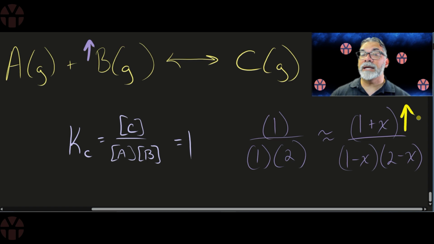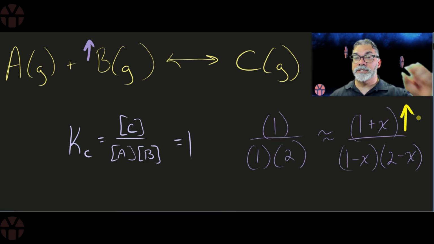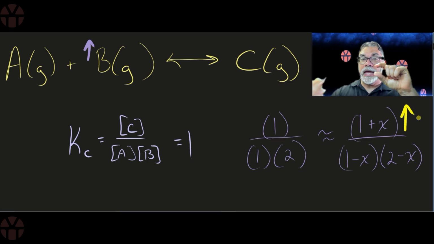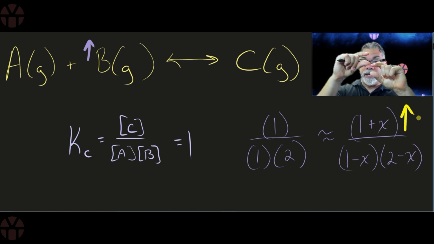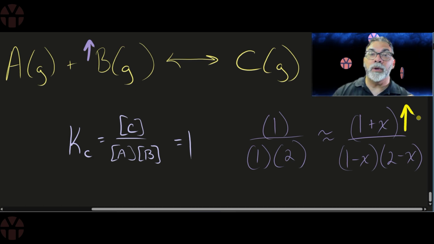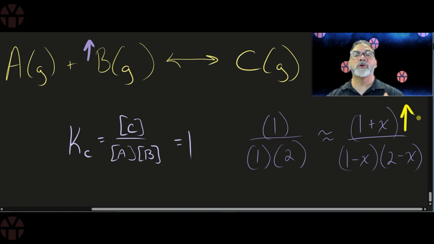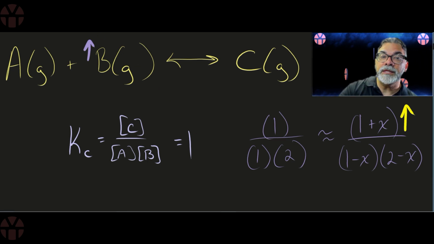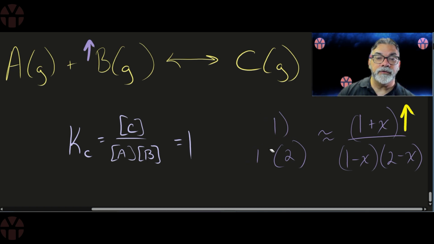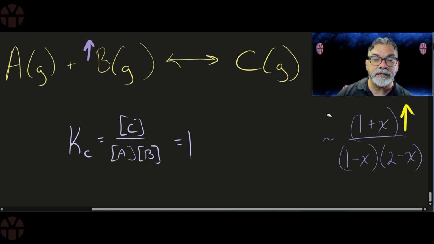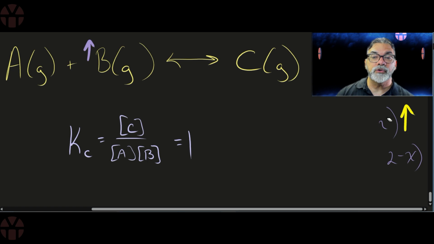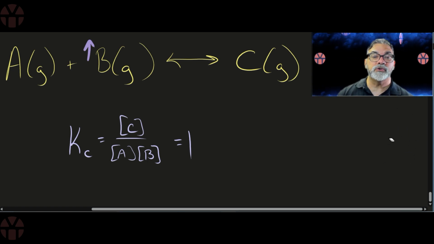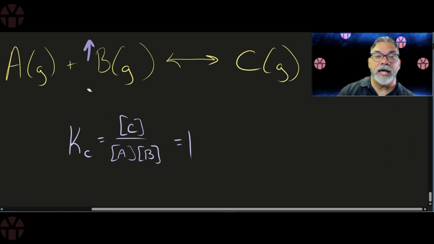So my guess is that if the denominator goes down by a little bit and the numerator goes up by a little bit, when those two things are combined, that's going to make a larger change or a larger shift. And this is how the idea of changes in concentration affect how an equilibrium will shift or move around in order to try to reestablish that equilibrium.